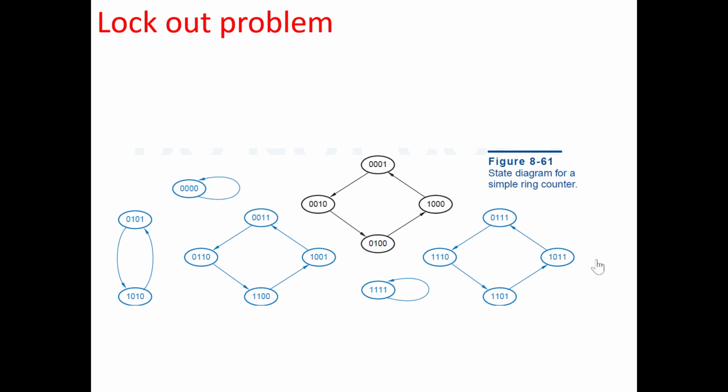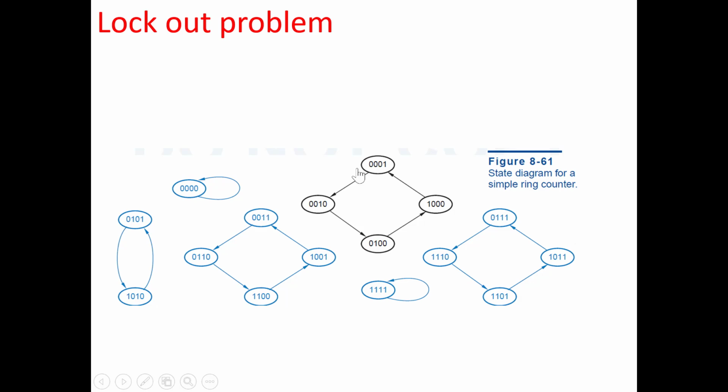Now if you look here, these are the other possible cases of the lockout problem in a ring counter. We have already seen all zeros to all zeros, all ones to all ones. Similarly, if the counter goes to 0 1 1 1, the 0 will be circulated, or 0 0 1 1 also circulates, or 0 1 0 1 also circulates within these two frames.